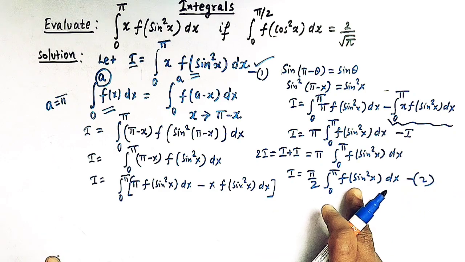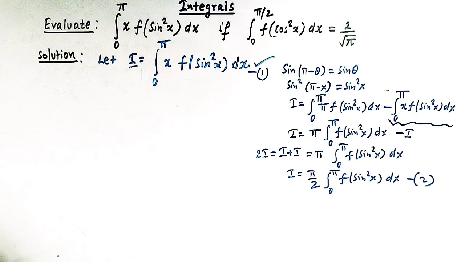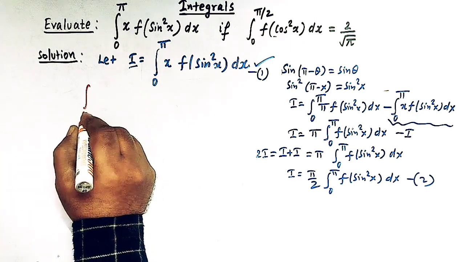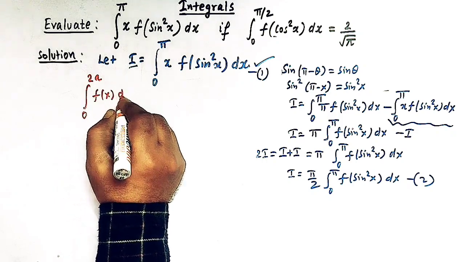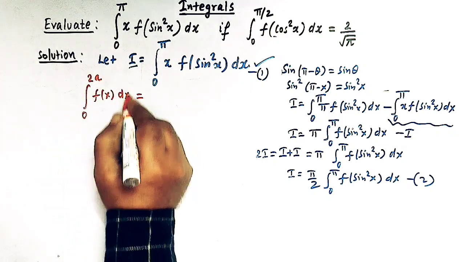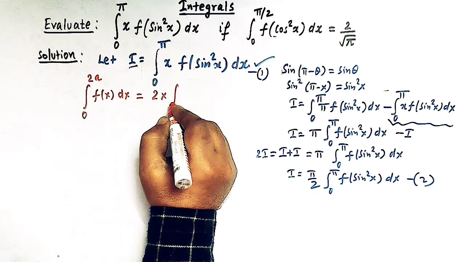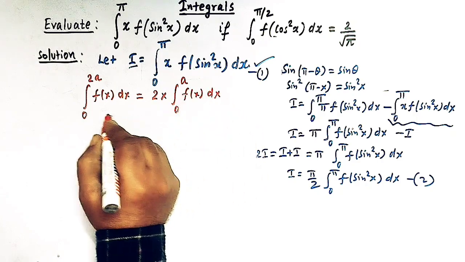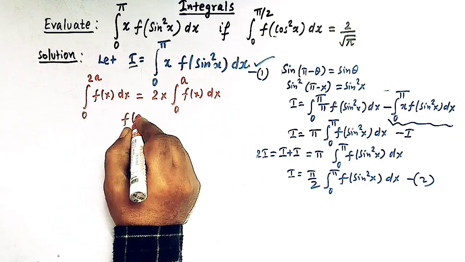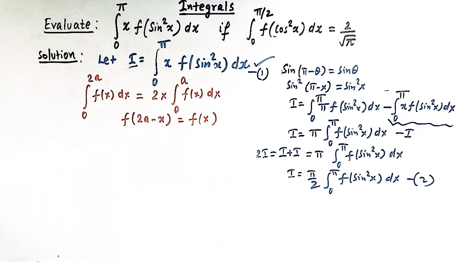So now to move further, let us make use of another important property of definite integrals. So now we know this important property, that is, the integral from 0 to 2a of f of x dx can be written as 2 times the integral from 0 to a of f of x dx, provided f of 2a minus x is equal to f of x, right?